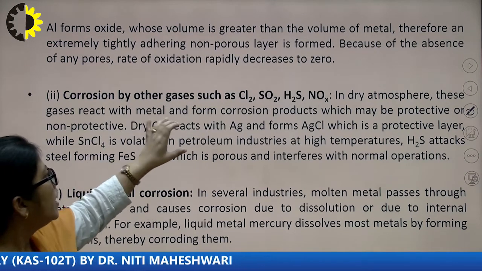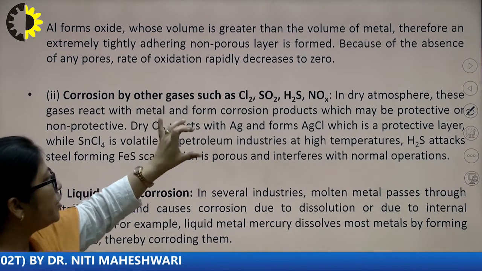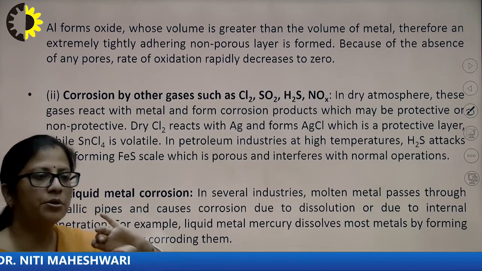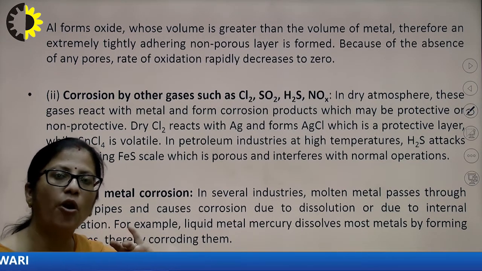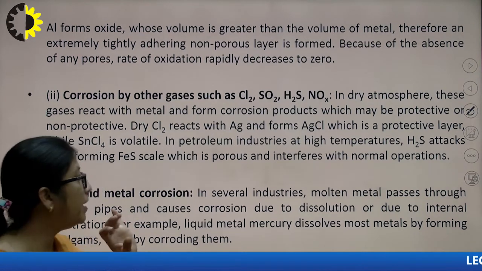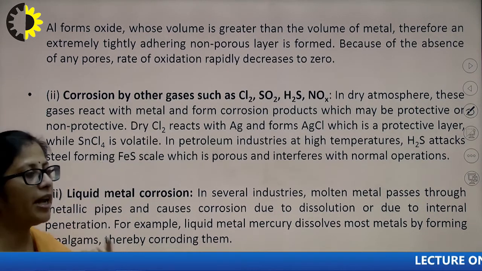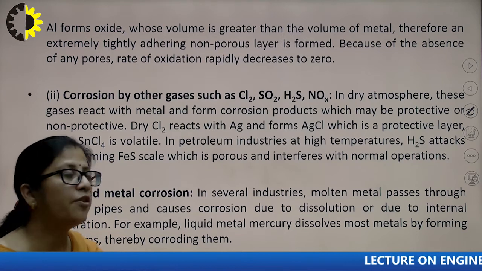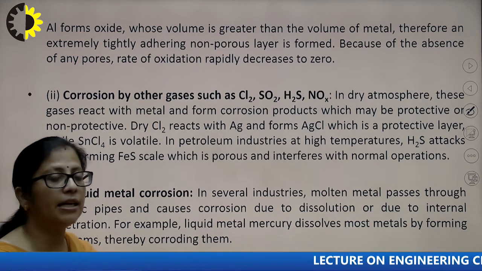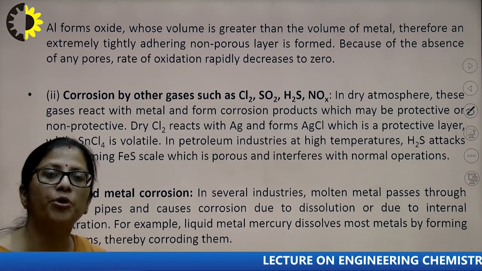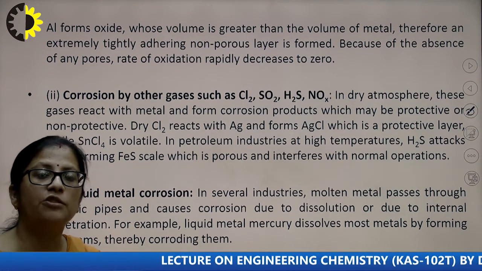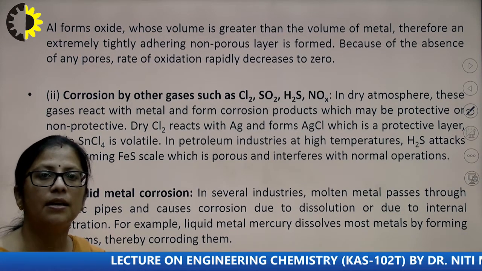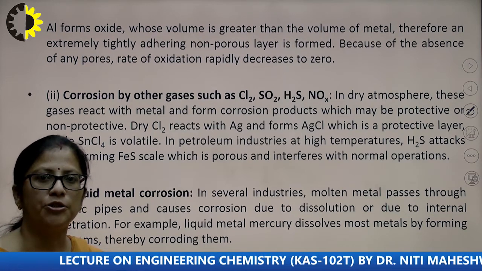Here the corrosion products decide whether the layer will be protective or non-protective. For example, if dry chlorine reacts with silver, it forms an AgCl layer which is protective, whereas tin chloride layer is volatile and hence unprotective in nature.